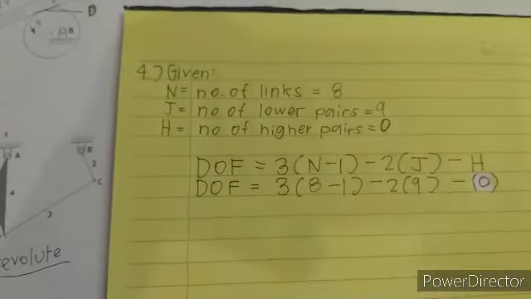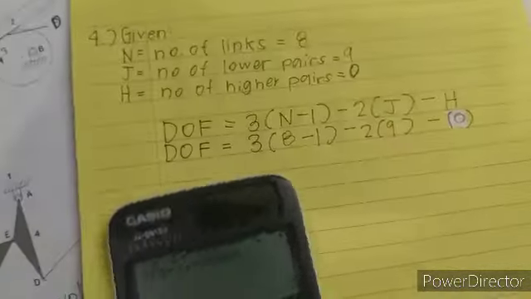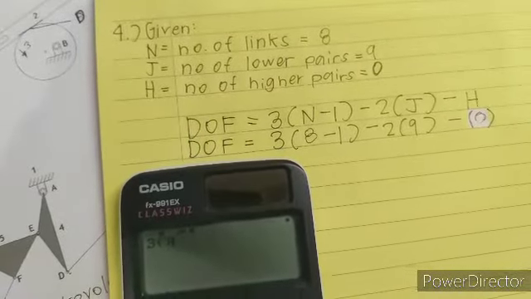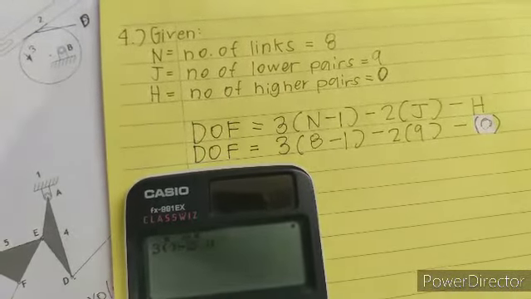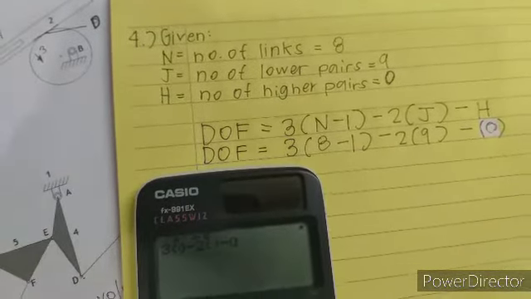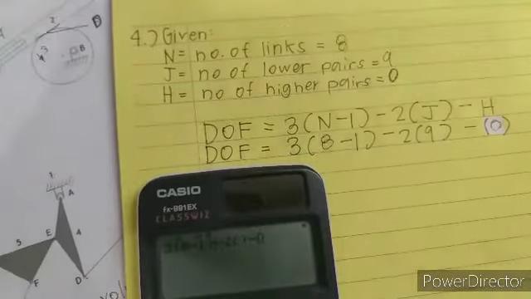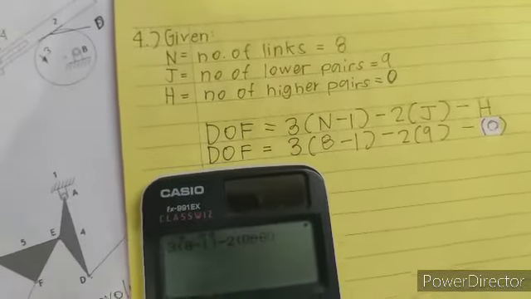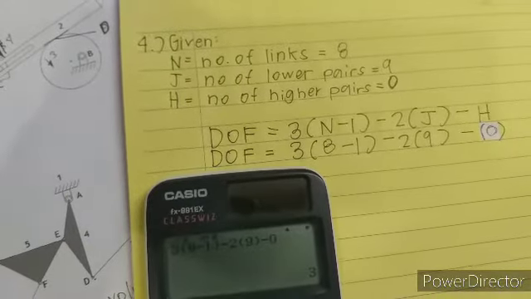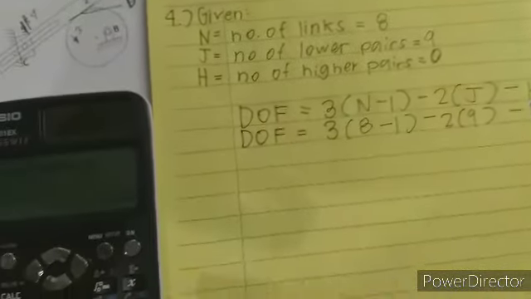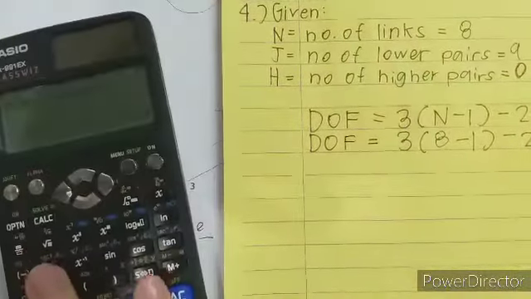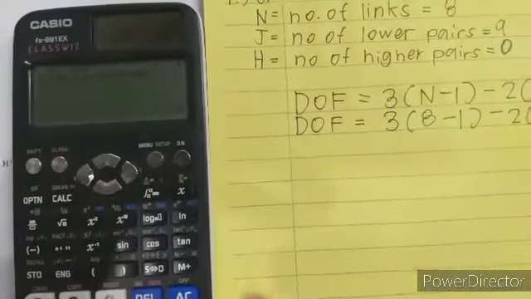Now, using our calculator, zero higher pairs, 8 minus 1, and 9 lower pairs. So, as we can see, the degree of freedom of this mechanism, mechanism 4, is a value of 3.